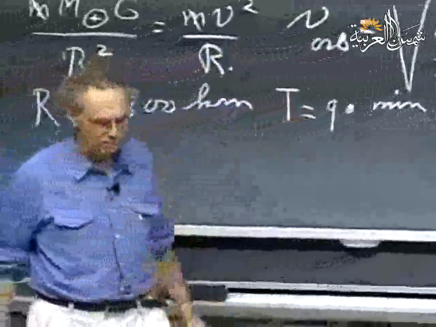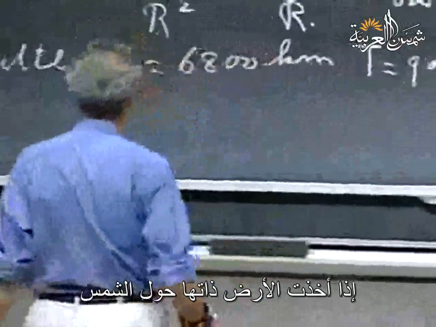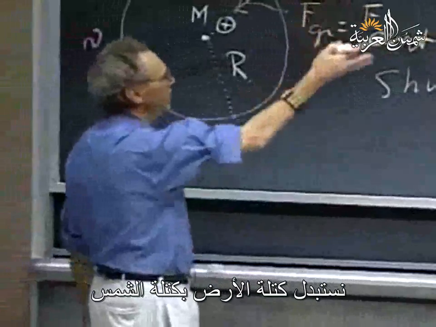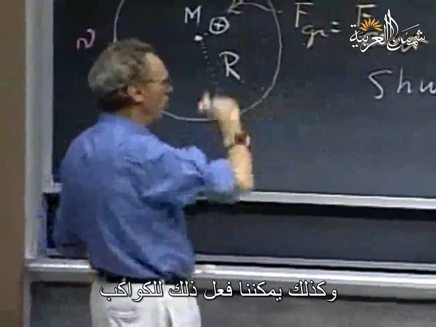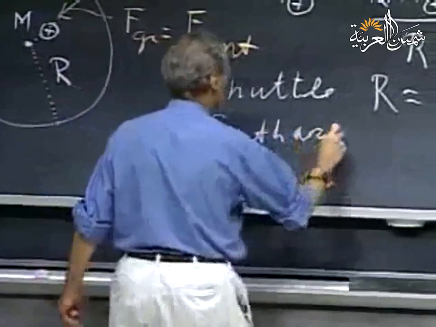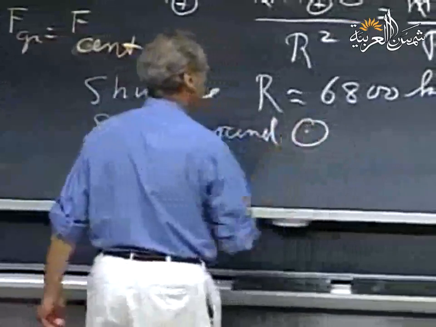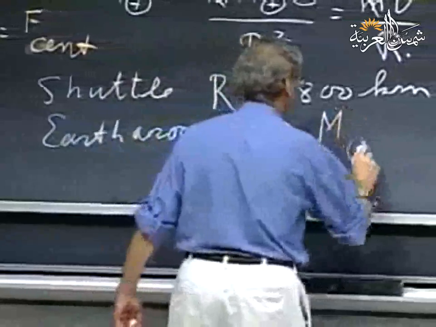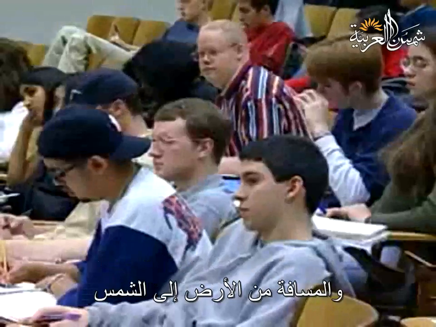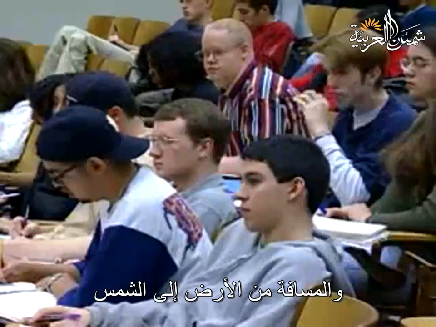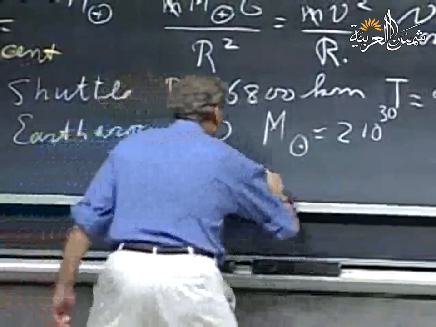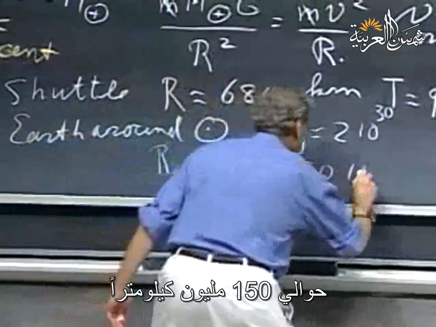If you take the Earth itself around the Sun, we can use all these equations and replace the mass of the Earth by the mass of the Sun, and then we can do this for planets. So if we take the Earth around the Sun, we have to put in the mass of the Sun, which is about 2 times 10 to the 30 kilograms. And the distance from the Sun to the Earth, we have seen that before, is about 150 million kilometers.